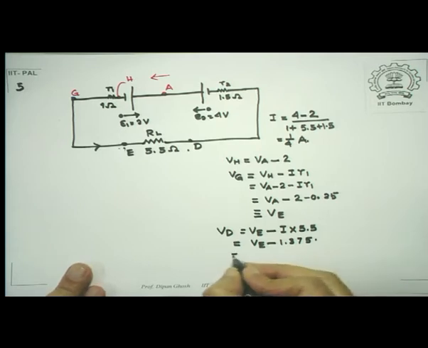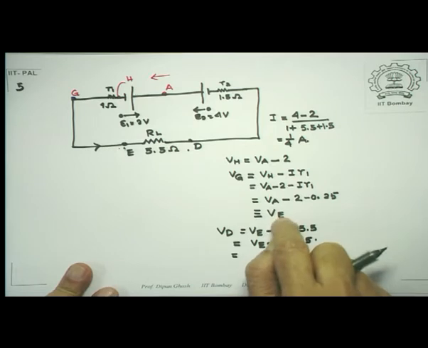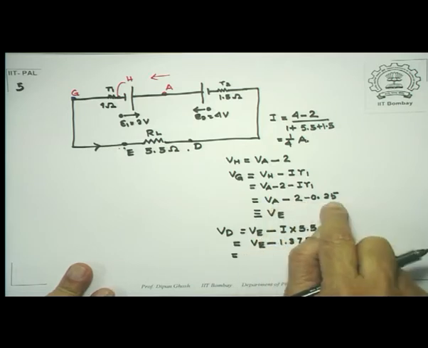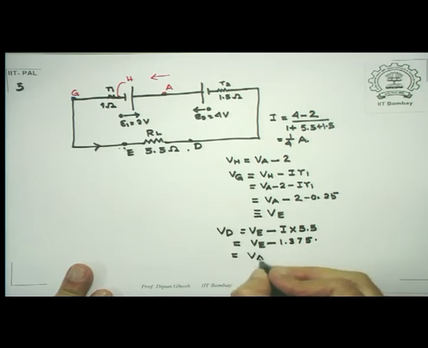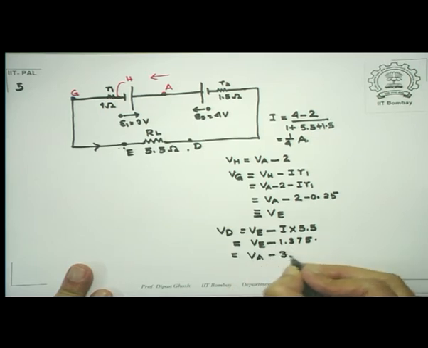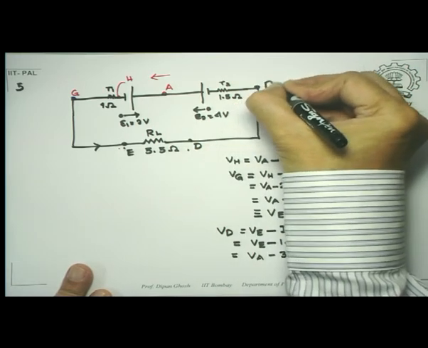And if you look at this relationship, I have got Ve equal to Va minus 1.75. So this gives you Va minus 3.625. And that is the same as the point B.